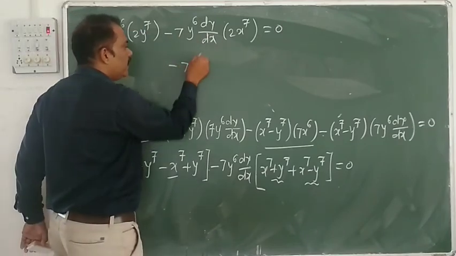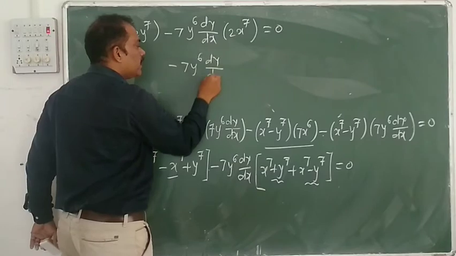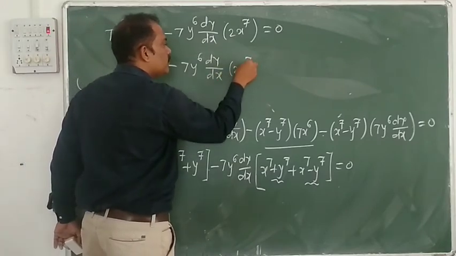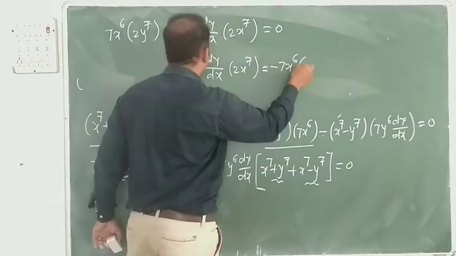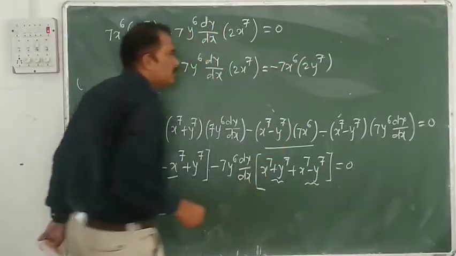so that 7 times y raised to 6 dy by dx into 2 times x raised to 7 is equal to minus 7 times x raised to 6 into 2 times y raised to 7.